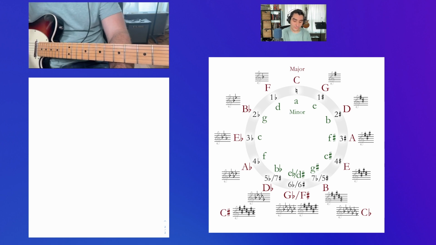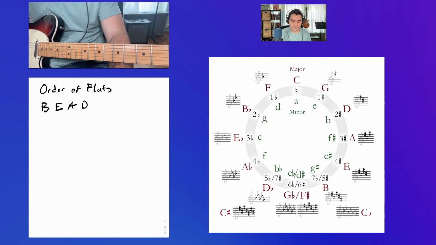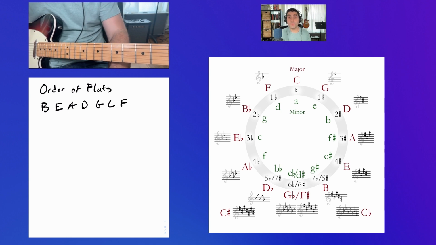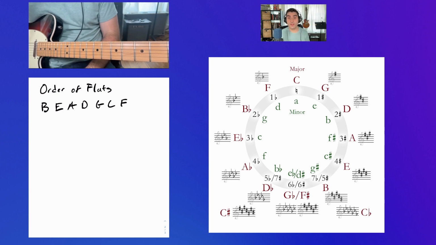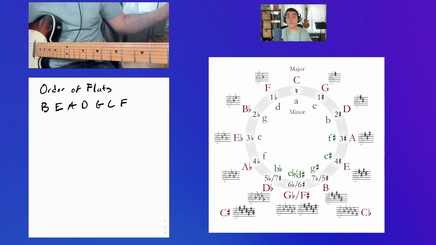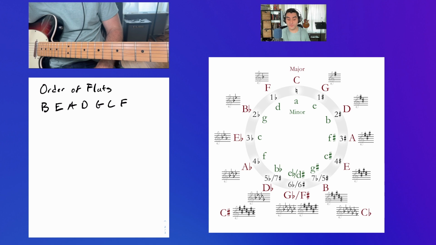So let's go over the order of flats first, actually, because I think this one's a little bit easier. So the order of flats is B, E, A, D, G, C, F. So whenever you see the flats in a flat key signature, for example, if you look on the key signature for F major, right there, see there's only one flat in it?